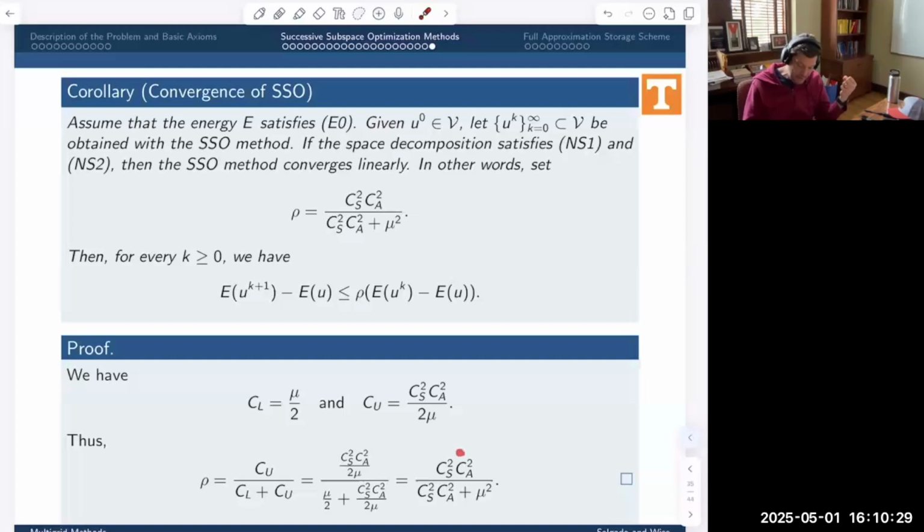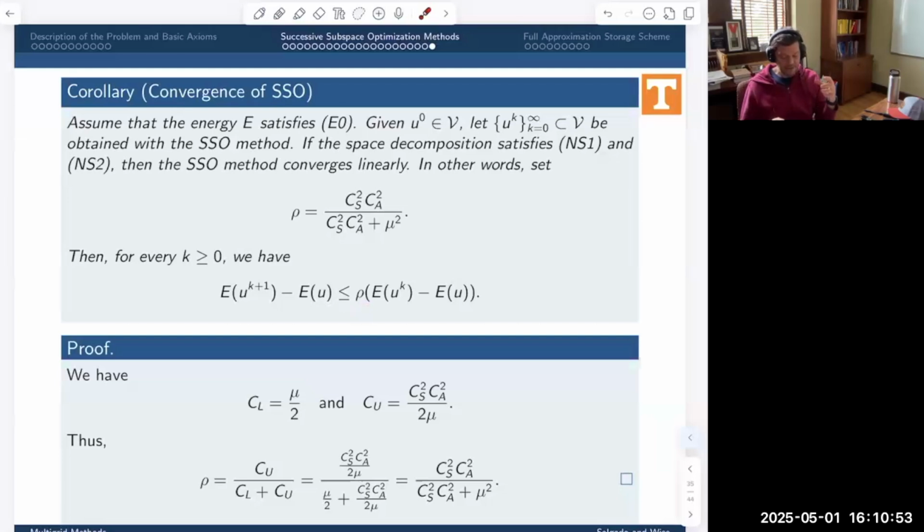And notice that we see this obviously from this contraction right here. If I have these two constants appearing on the top and bottom, and I have another constant on the bottom in this additive sense, then of course this has to be a number which is greater than 0 and strictly less than 1. So this is our contraction rate or convergence rate.